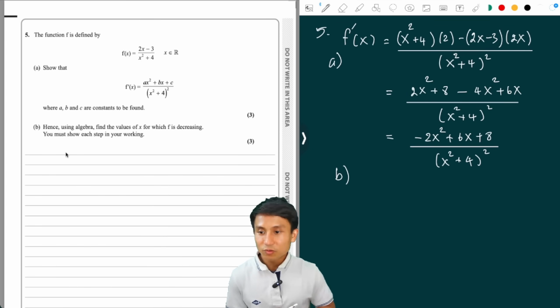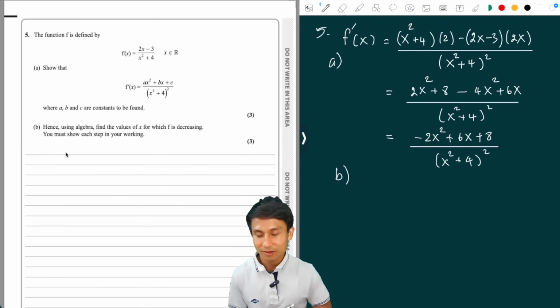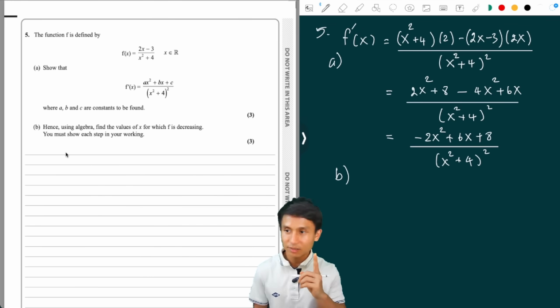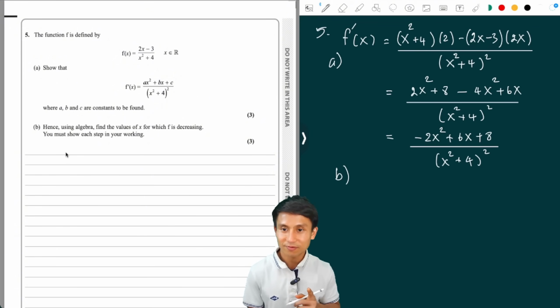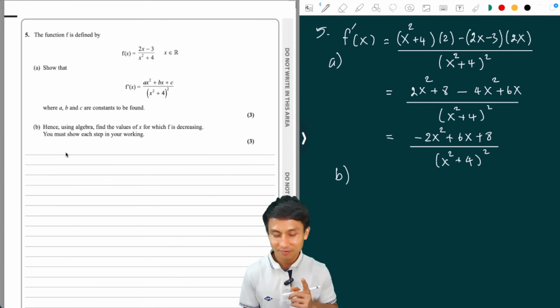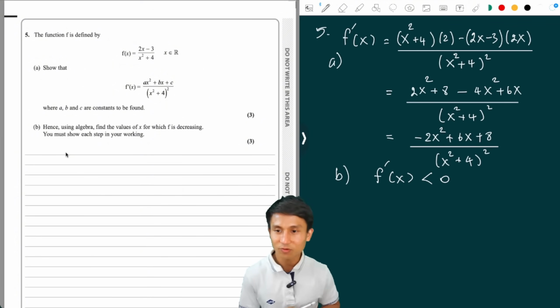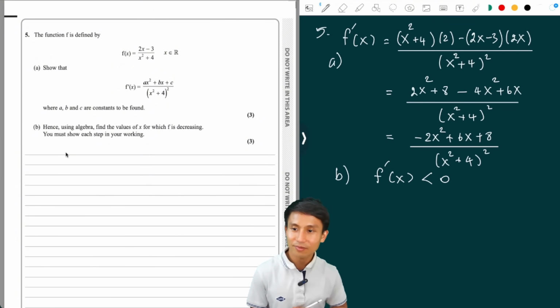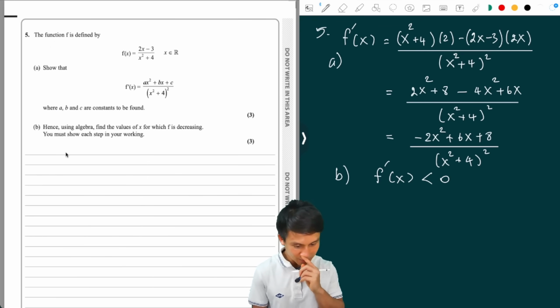Hence, using algebra, find the values of x for which f is decreasing. Okay, so important. When f is decreasing, that means the derivative is negative, right? So f prime x should be less than 0 for it to be decreasing. Yeah, and we're going to find the range of this. Okay, so we put the whole thing as a negative.